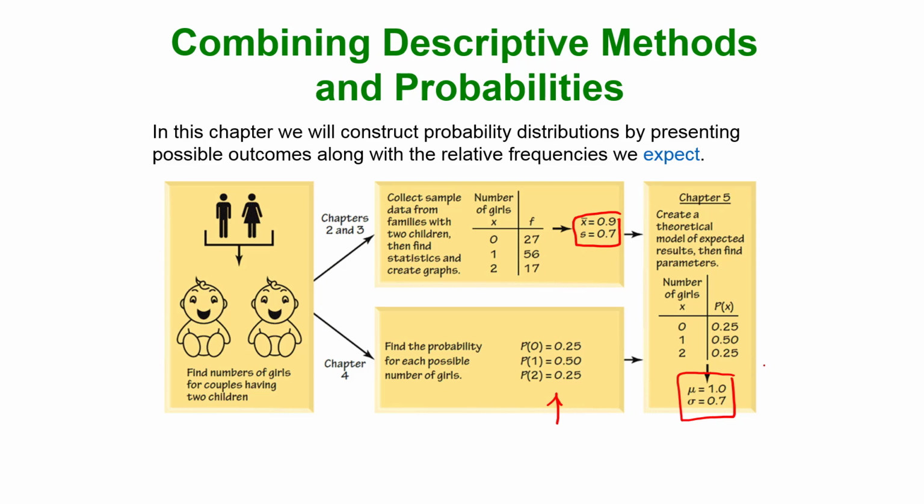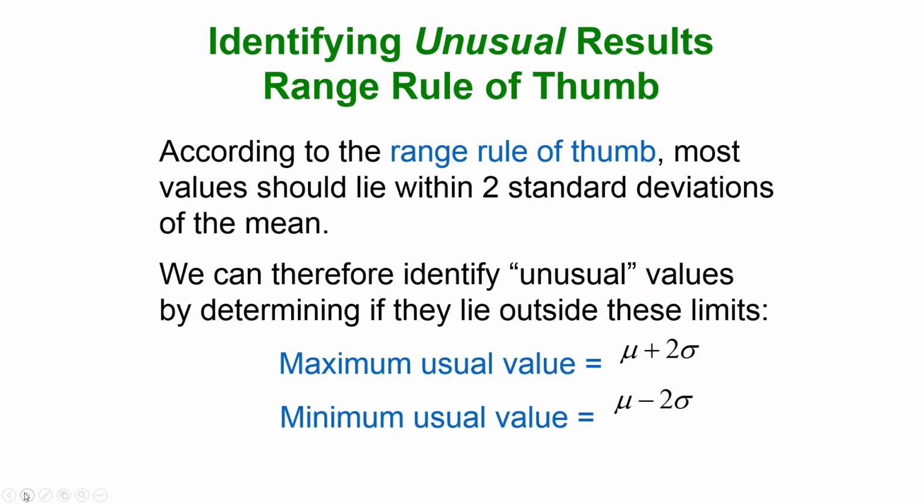All right. Range rule of thumb. I believe we've seen this before in a different context. According to the range rule of thumb, most values should lie within 2 standard deviations of the mean. Again, standard deviation is the amount a typical data value differs from the mean.